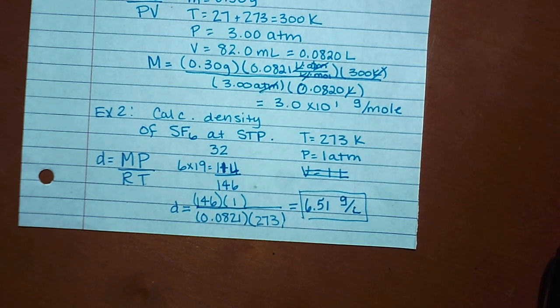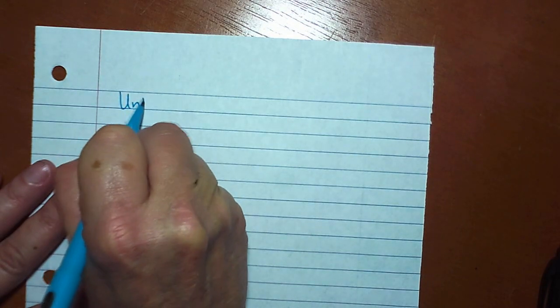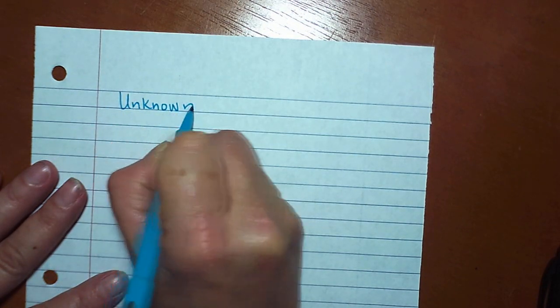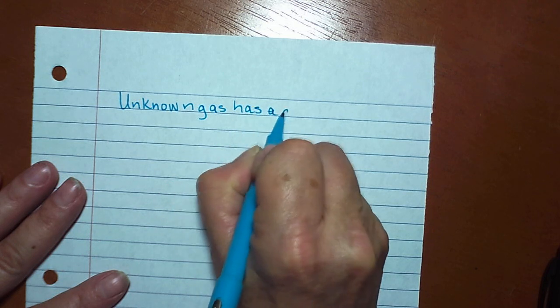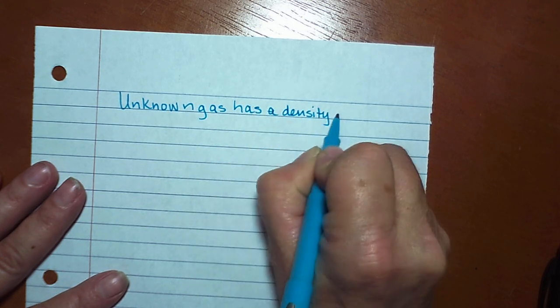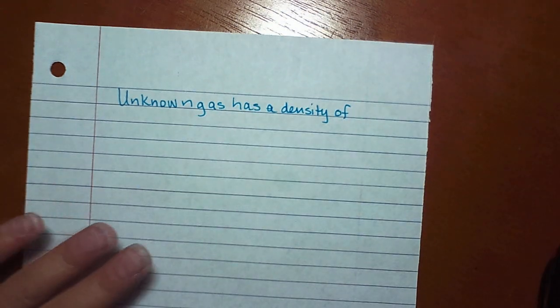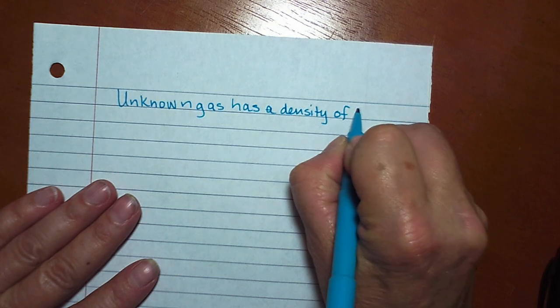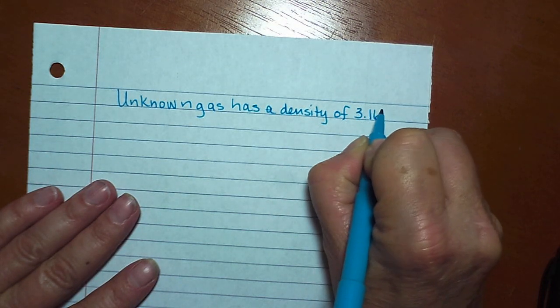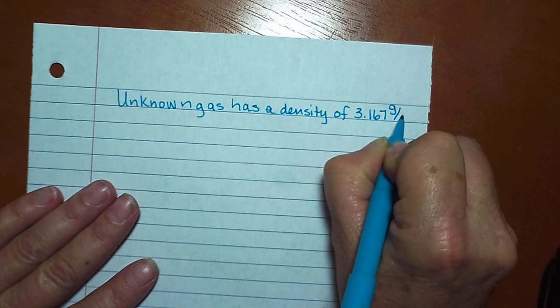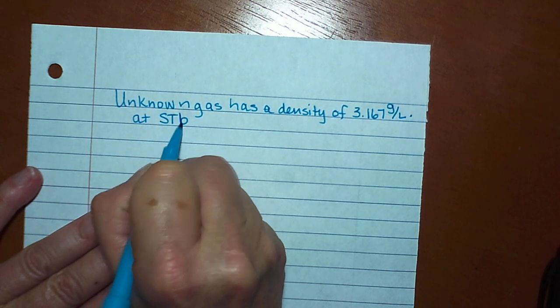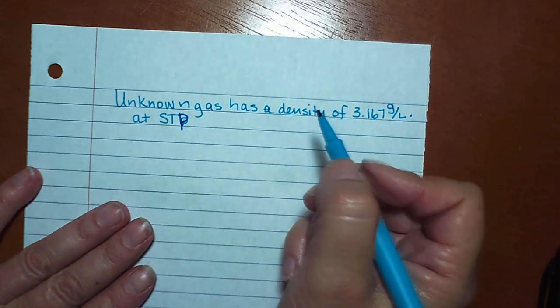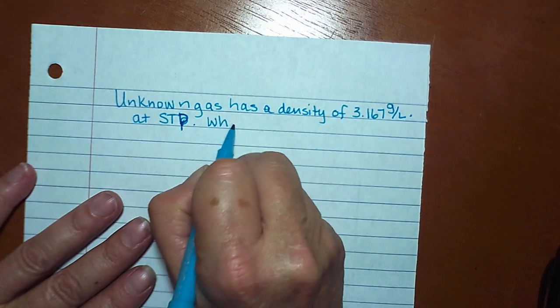So the last problem is, I have an unknown gas that has a density of 3.167 grams per liter at STP. Okay, what is its identity?